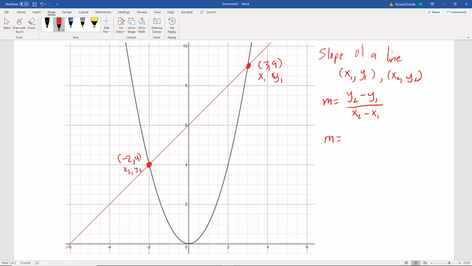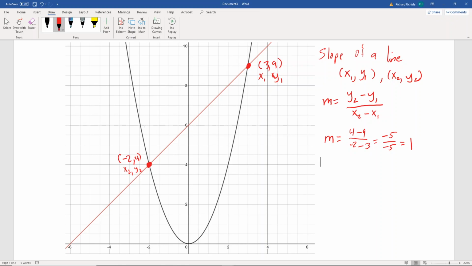So it'll be y2 minus y1, so 9 minus 4 over x2 minus x1, so 3 minus (-2), which would be 5 over 5, which would be +1. So the slope of the line connecting those 2 points would be 1.